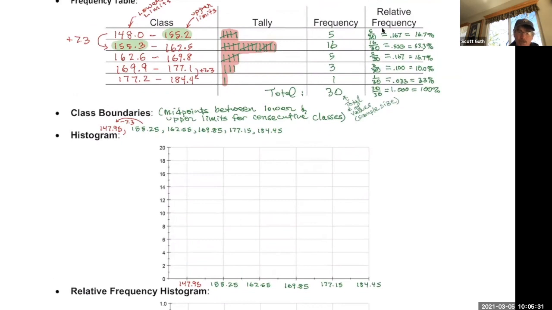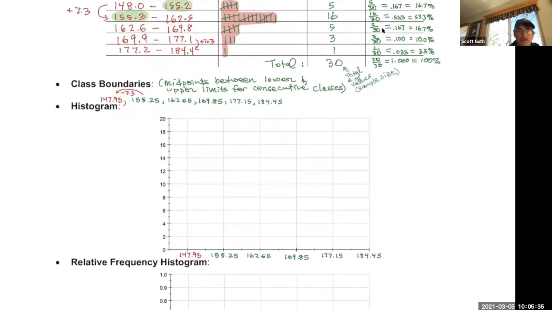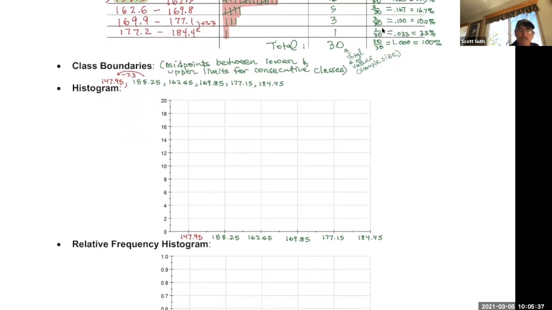You're just averaging two numbers to get these midpoints. And now you can see down below, I've attempted to plot all these midpoints, these boundaries, I should say, on this number line down here. This is going to be our histogram. So here comes the histogram.